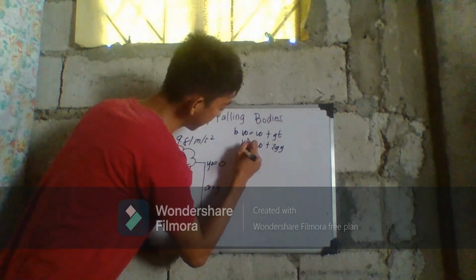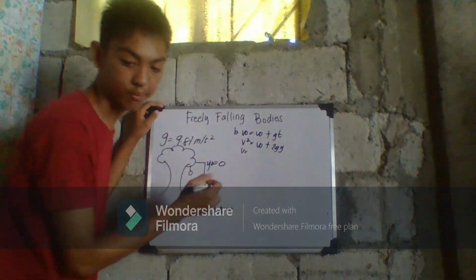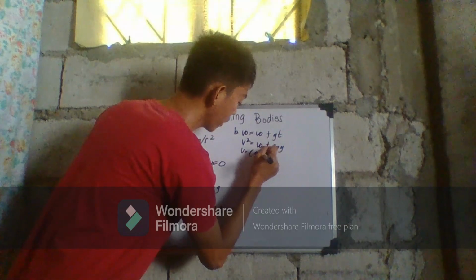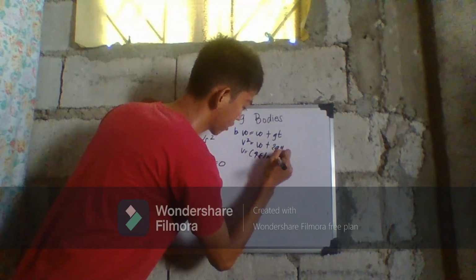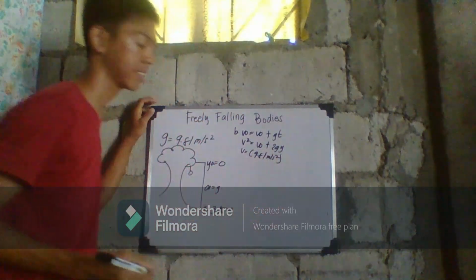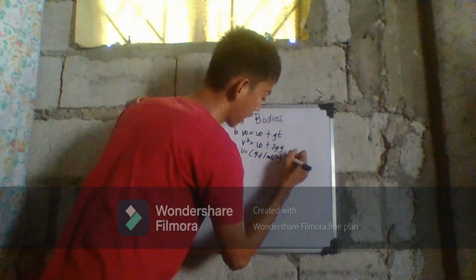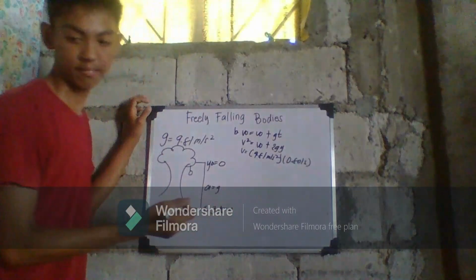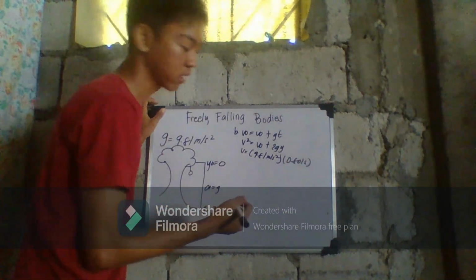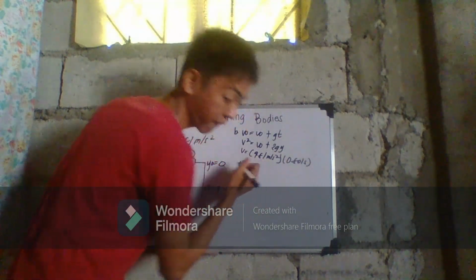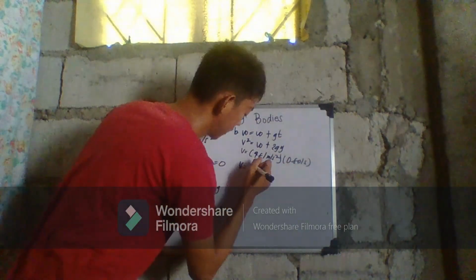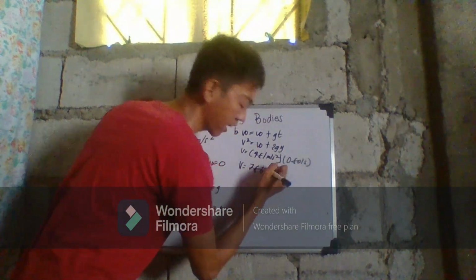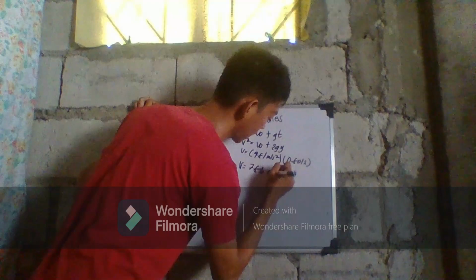So, for our v, we have 9.81 meters per second squared, then we have 8.801 seconds. So, v by calculating, we have 7.86 meters per second.